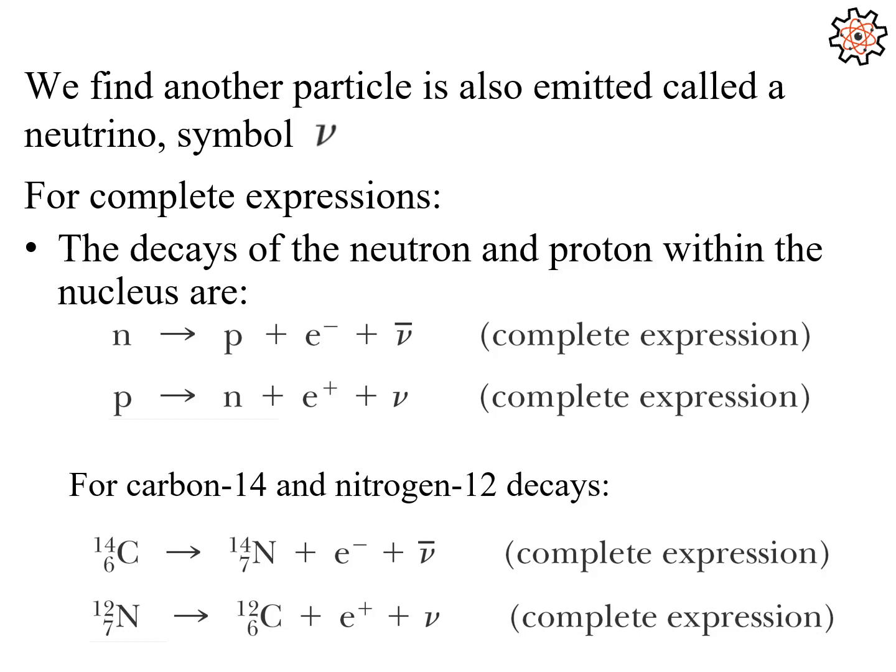The simplified form, neutron turning to proton plus an electron plus antineutrino, proton turning to neutron plus a positron plus a neutrino. And if we write examples for that, say carbon 14 decaying to nitrogen 14 with beta emission, and nitrogen 12 decaying to carbon 12 with positron emission. Those would be complete expressions here.